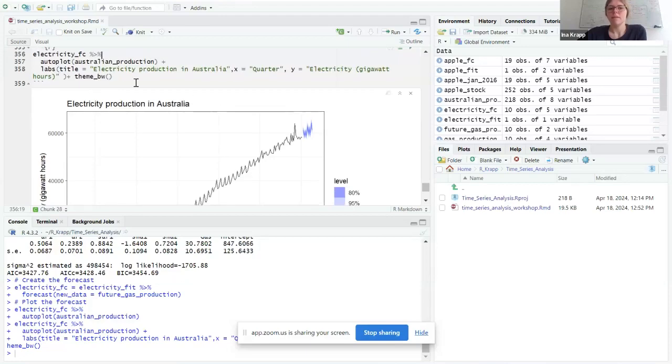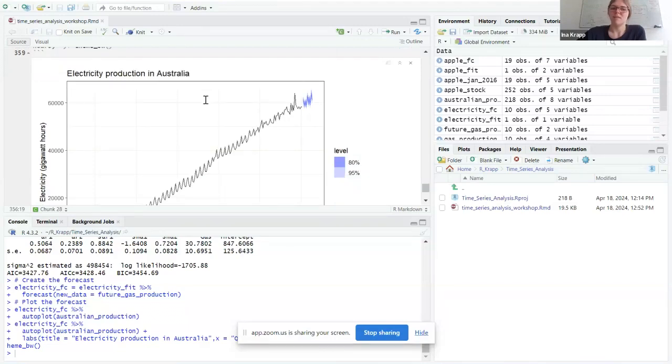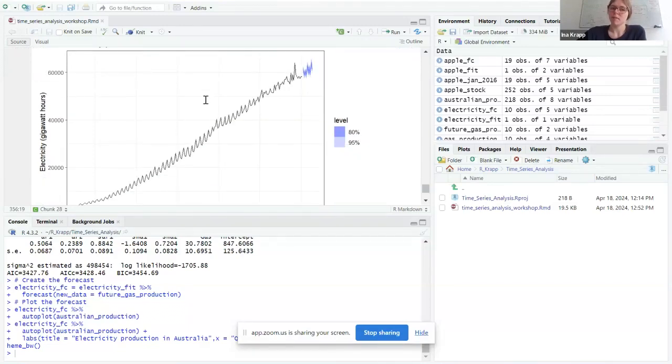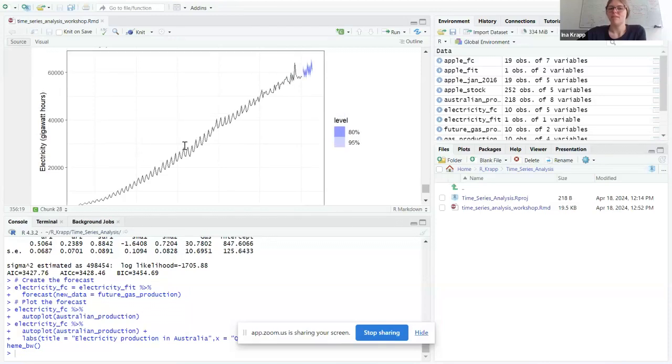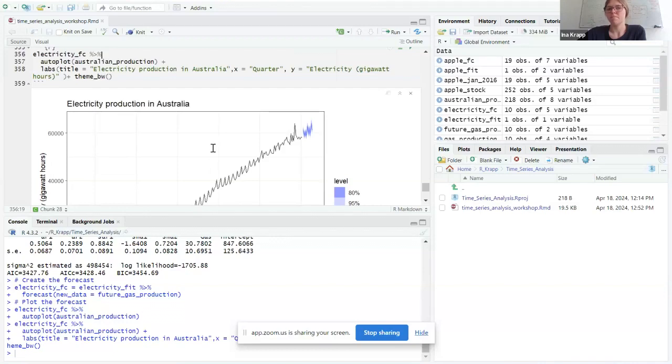It added a title, Electricity Production in Australia. It added the unit, which is very important, as we've seen before, to understand exactly what size we are looking at. Australia, of course, has, as a whole country, a fairly large electricity production. It's measured in gigawatt hours, and it greatly increased over the last decades.